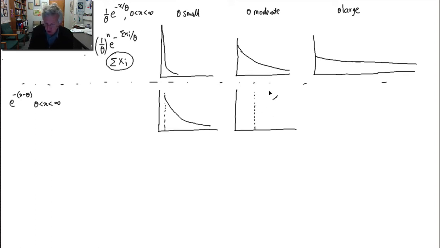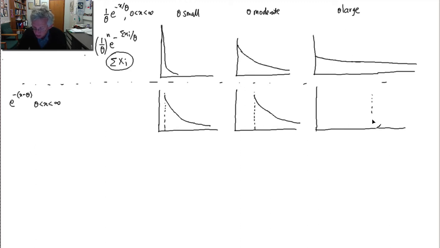But what does the function look like? Well, it looks exactly the same. It's still e to the minus x. So the shape of it is not changing as it did there. And equally, again, when theta is large, then I'm right over here. But again, it's just e to the minus x, so it's coming down in exactly the same way.